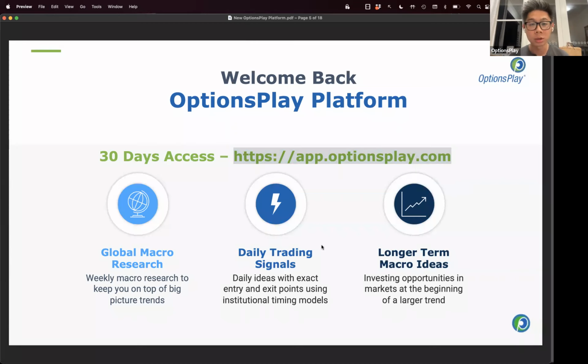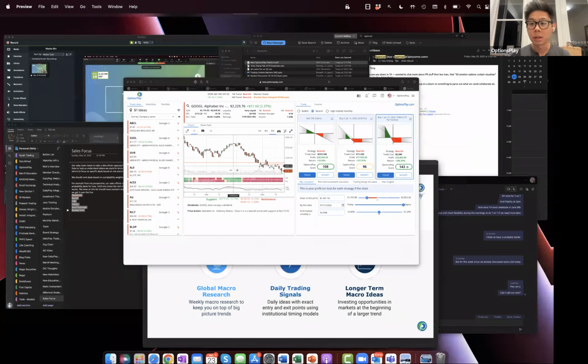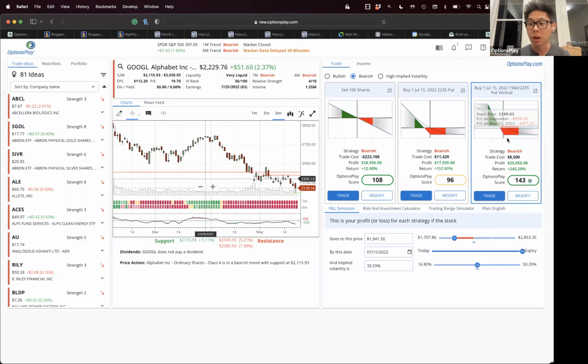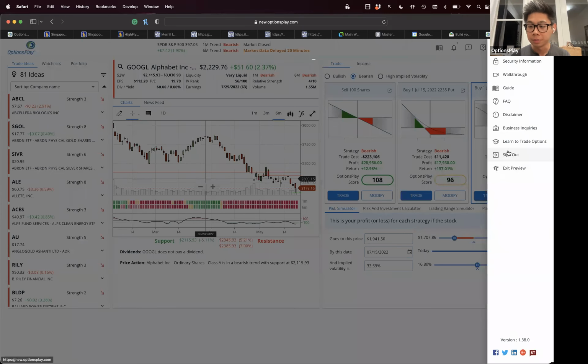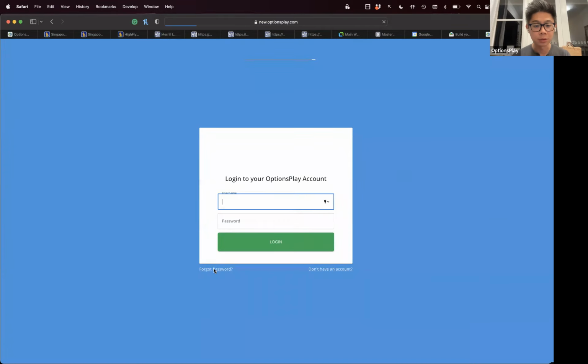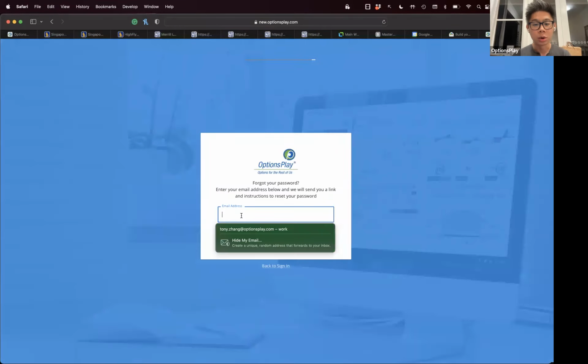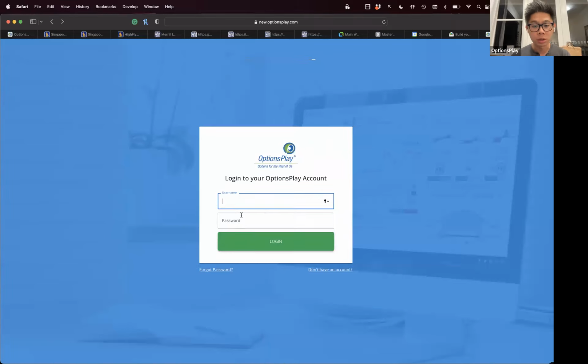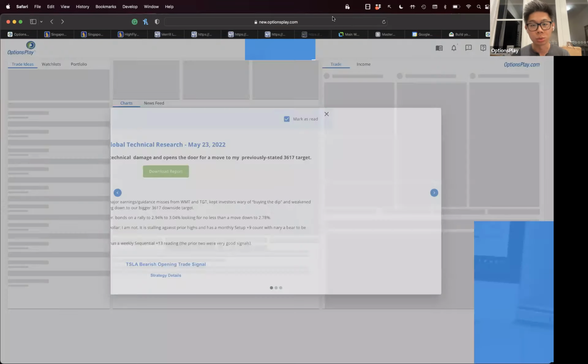If you've forgotten your login, when you go to the login screen, there will be a button that says forgot your password. You can go there to reset your password. Once again, we sent you an email earlier this morning. The email address that we sent it to, that's how you can access this particular tool.